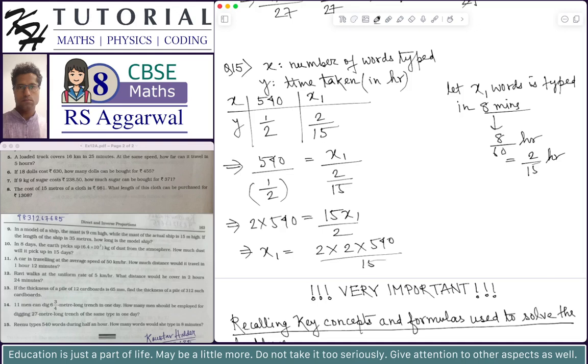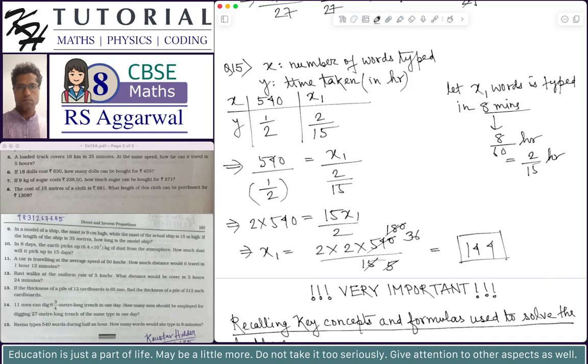Okay, so 3 divides 15 with 5 and 3 divides 540 with 180, and 5 divides 180 with 36. So this is equal to 4 into 36, which is 144. So 144 words will be typed by Renu in 8 minutes.